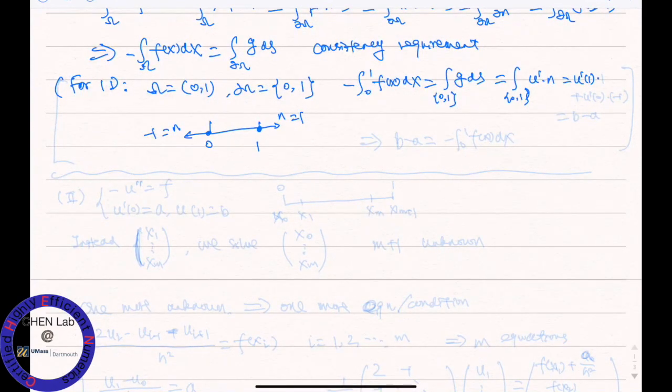So it's u prime(1) times 1 plus u prime(0) times negative 1, which is b minus a. So b minus a is equal to negative the integral from 0 to 1 of f(x) dx. Same condition we derived before.